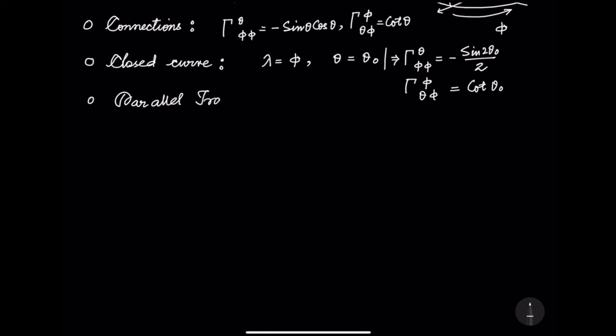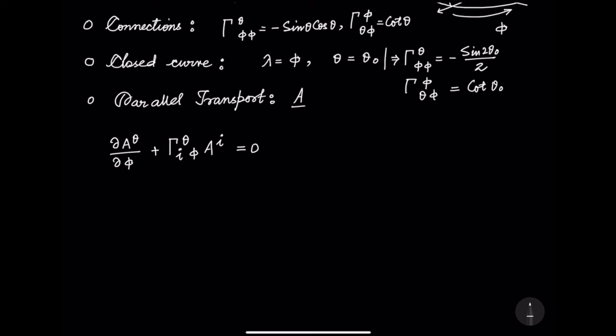Alright, let's see where we can go from here. So parallel transport of the vector A. Let's do the theta component first: del A theta del phi plus gamma theta phi I, let's call this index I, it will be more appropriate than alpha.